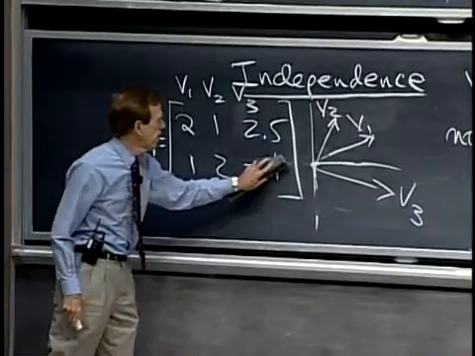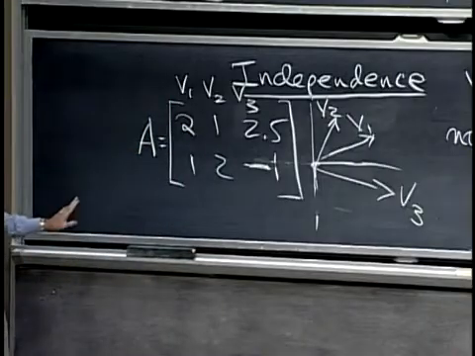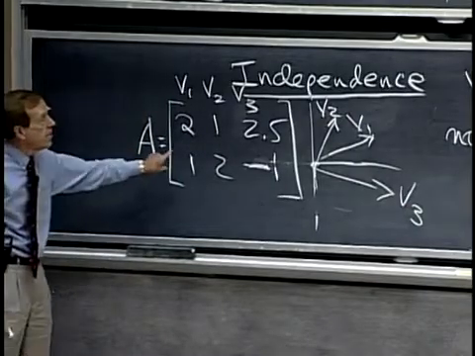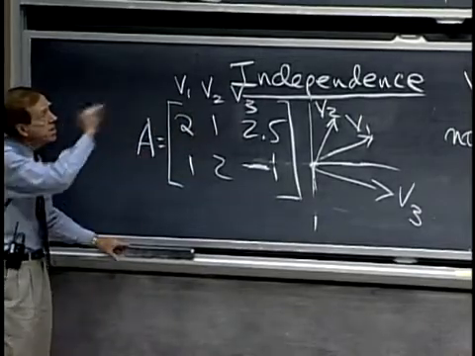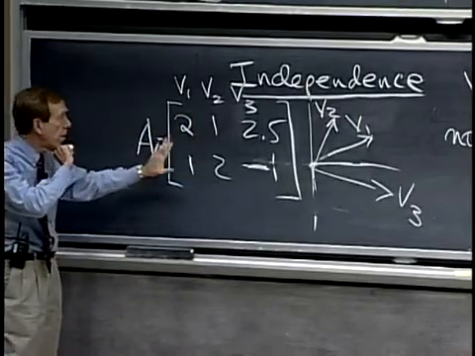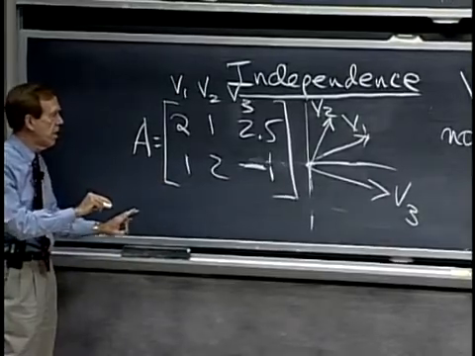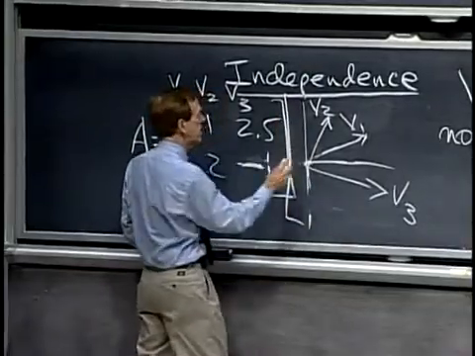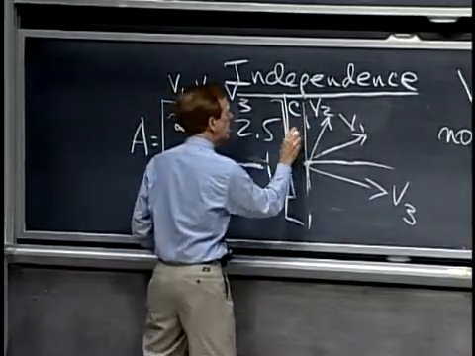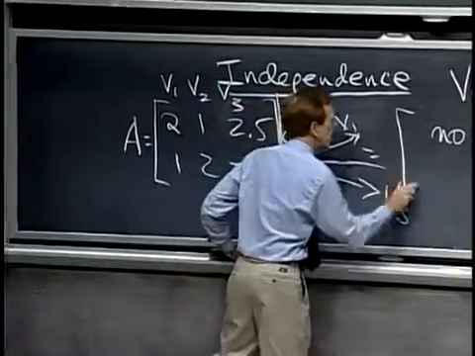Okay, those are my three vectors, and I put them in the columns of A. Now, that matrix A is 2 by 3. It fits this pattern where we know we have some free variables, we know that there's some combination, and instead of x's, let me call them C1, C2, and C3, that gives the 0 vector.